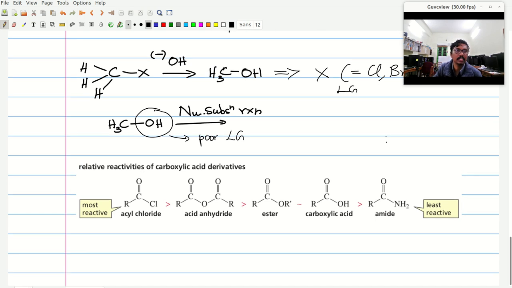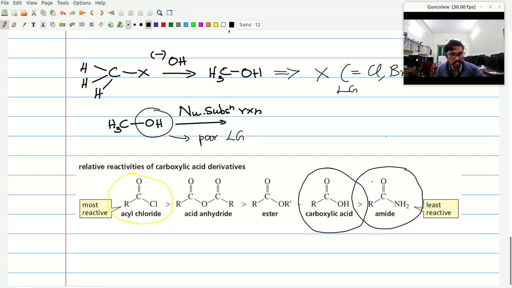Here you will see that the acyl chloride or acid chloride is the most reactive of the carboxylic acid derivatives when it comes to nucleophilic acyl substitution reaction, and acids and amides are the least reactive.